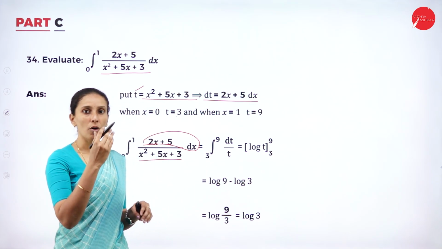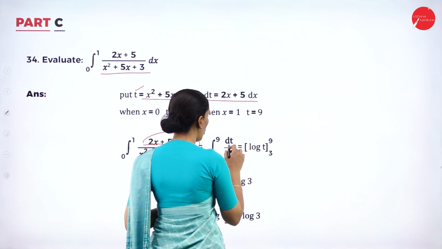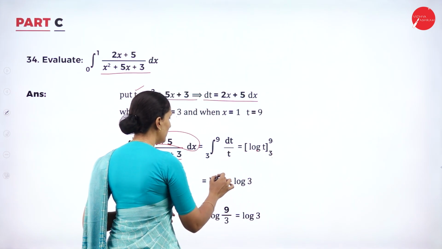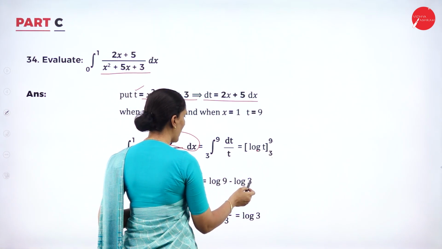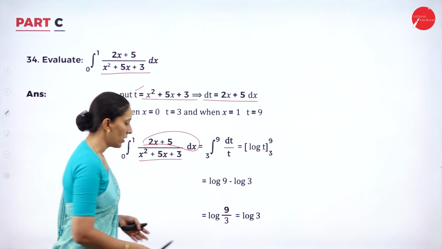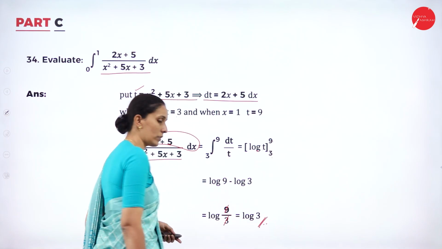Now since it is in the form of 1 by t, it can be written as log t. So, the integral of 1 by t is log t with the limits 3 to 9. Apply the upper limit and the lower limit, which becomes log 9 minus log 3. So log x minus log y means log x by y. Therefore log 9 by 3, and when you cancel, the value is equal to log 3.